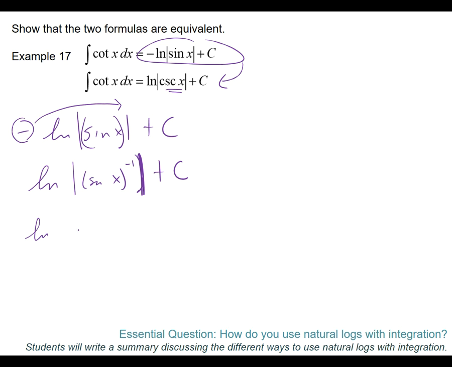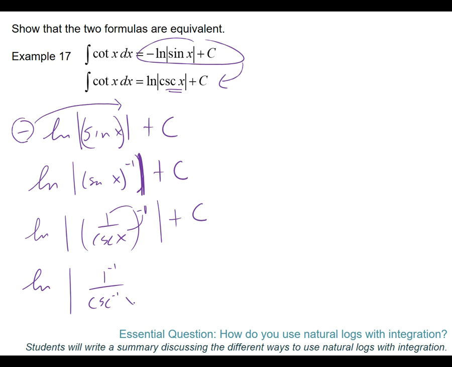Another name for sine is 1 over cosecant. So now I've got it into cosecant. It's not on the right level, but I got it into cosecant. Plus c. Let's see.